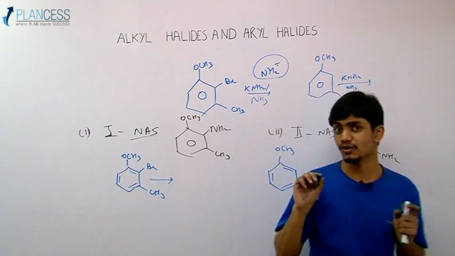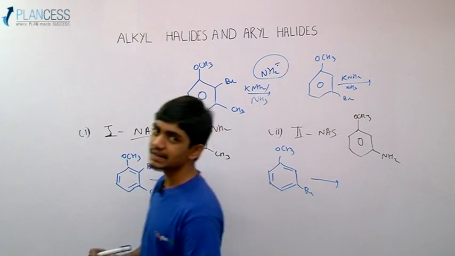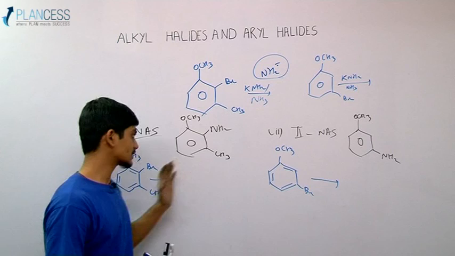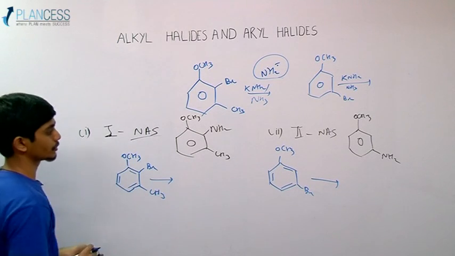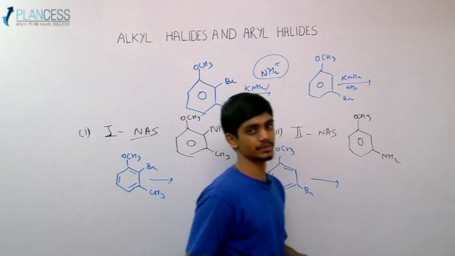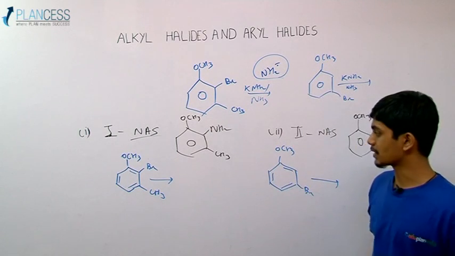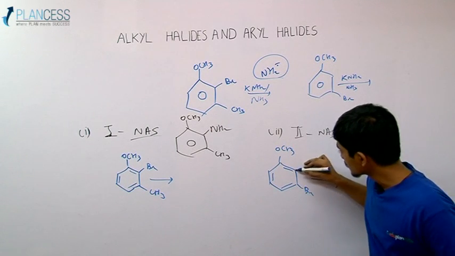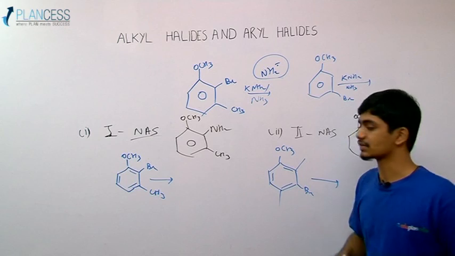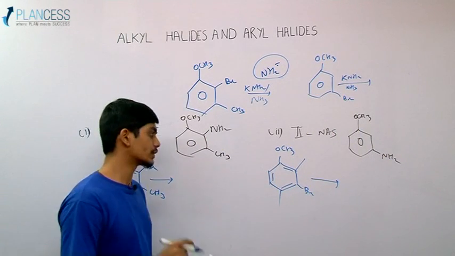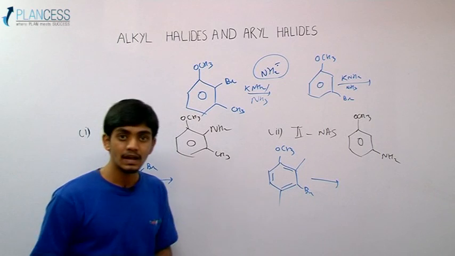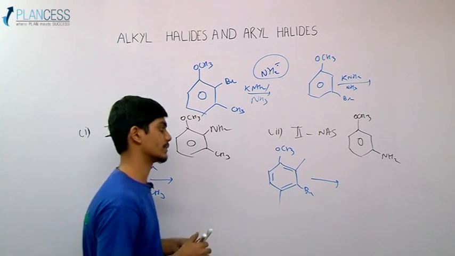NH2 minus is a very strong base, so that is why it can abstract a proton from these carbons as well. Which proton will be abstracted? It would be either this or this, because the proton has to be ortho, and moreover we will get a carbanion, and that has to be stabilized.